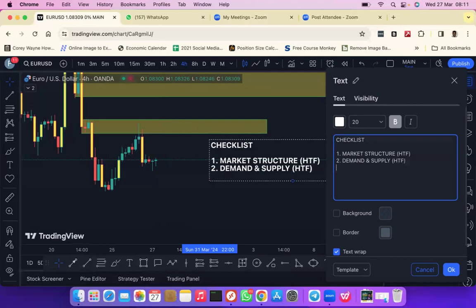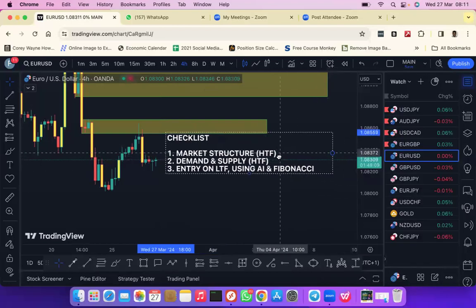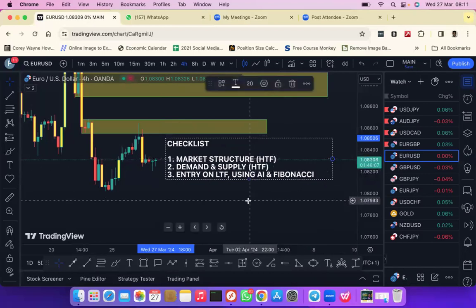Step three is to look for entry on the lower time frame. I use a particular trading AI and Fibonacci. This is how I've been able to simplify my trading.